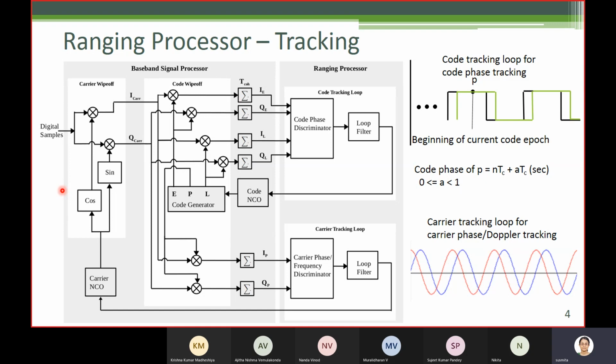And what will be the order of Doppler? Doppler will be few kilohertz. In case of GPS or IRNSS, it will be within plus minus 15 kilohertz. For GPS, within plus minus 10 kilohertz. For the fastest moving aircraft, it will be around 10 kilohertz. And for IRNSS, depending on which carrier frequency you are considering, from plus minus 8 kilohertz to plus minus 15 kilohertz.